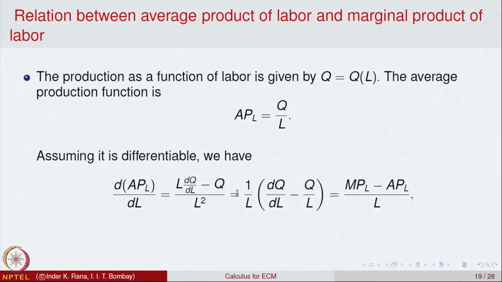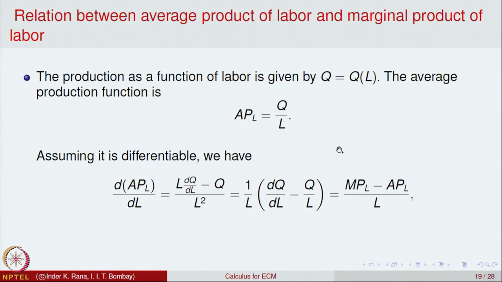Once you simplify that, there is 1 over L dq by dl minus Q by L. Now, dq by dl is the marginal of production, right. So, it is MPL minus APL divided by L, where Q by L is the average. So, that is AP of L, the average production of L.